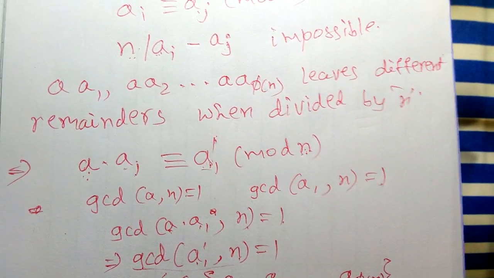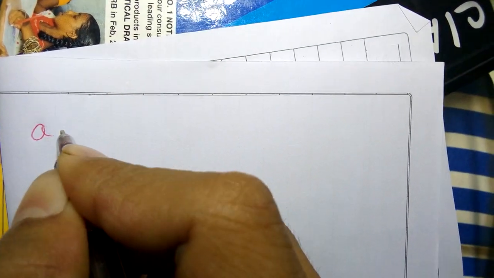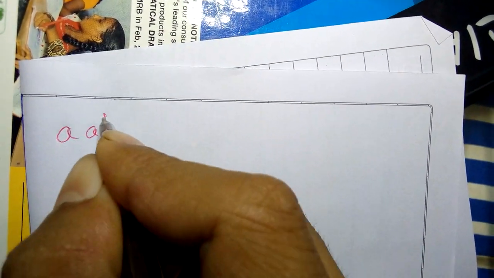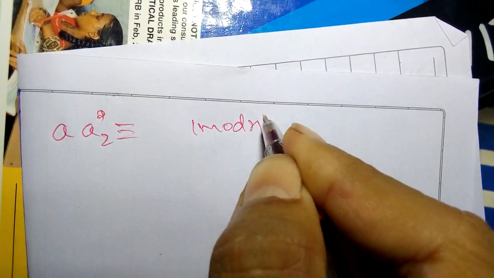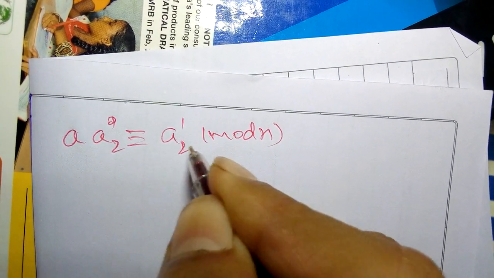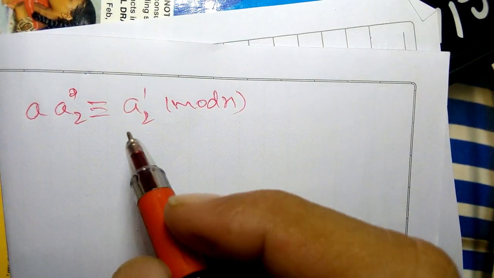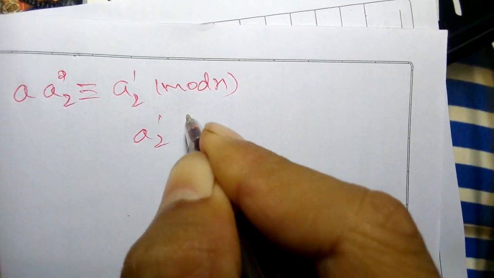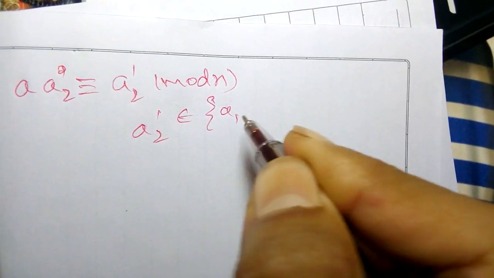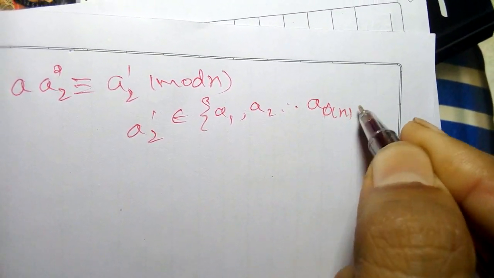If we divide a·a2 by n, we get a2 dash as a remainder. This is different from a1 dash, but it lies among a1, a2 up to a phi of n.